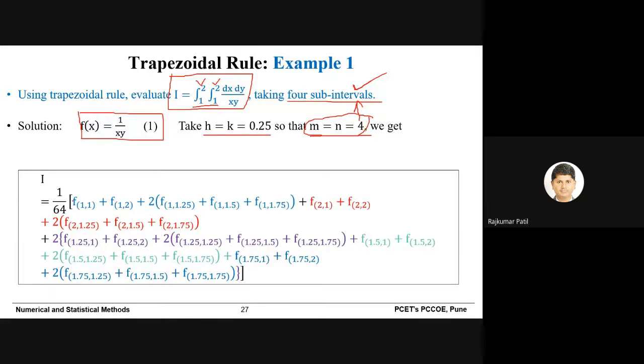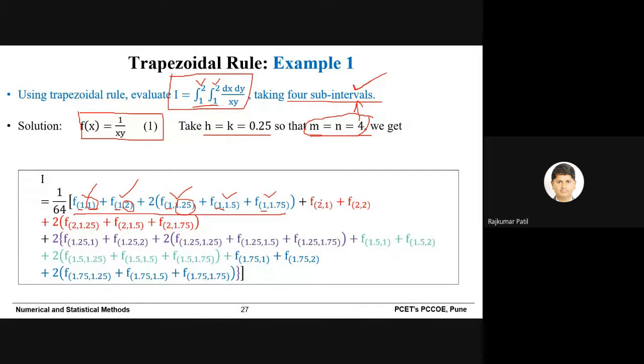So here you can see the first term plus last term plus 2 into remaining terms, and here the value of x is constant, that is we are keeping one variable constant and we are varying the second variable, that will be the first part of this equation.